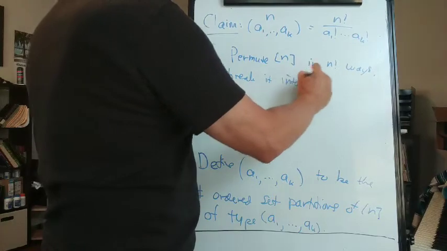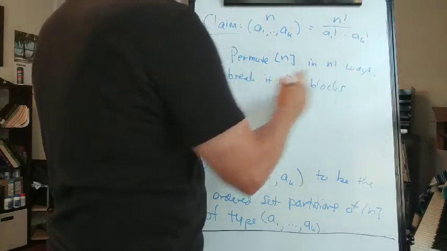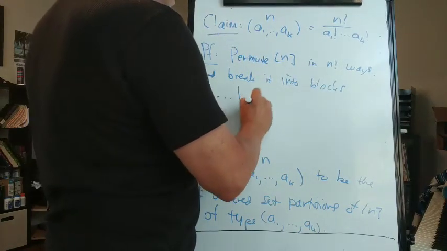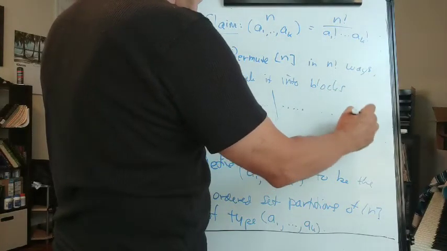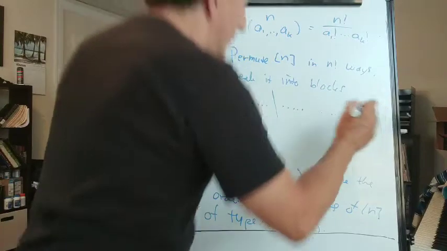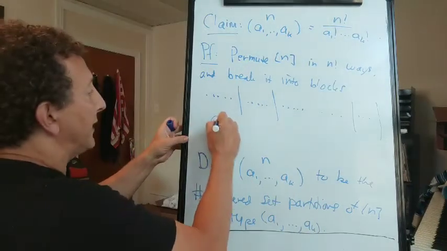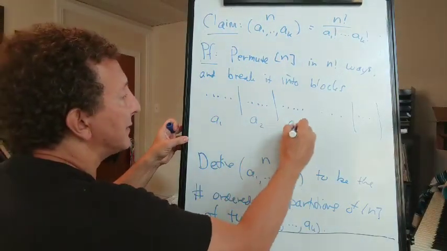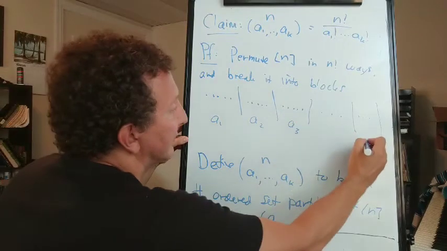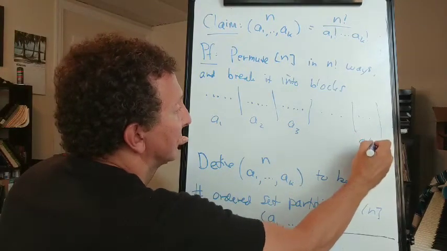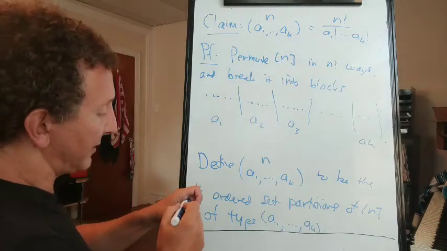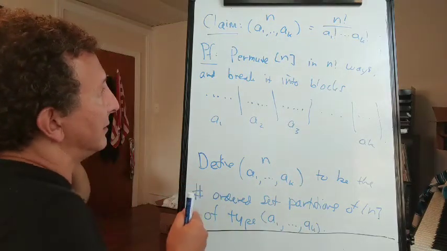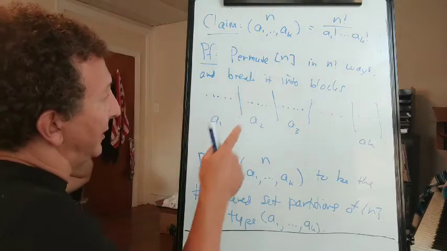And we'll break it into blocks. And the blocks will have a1 elements, a2 elements, a3 elements, etc. up to ak elements. And once we've done that, we've got our ordered set partition.